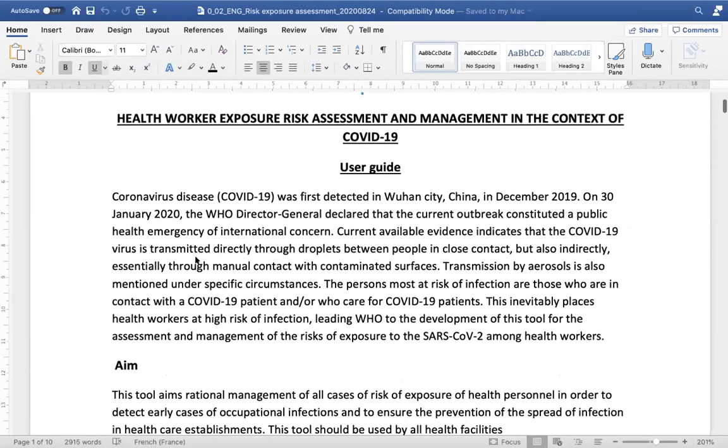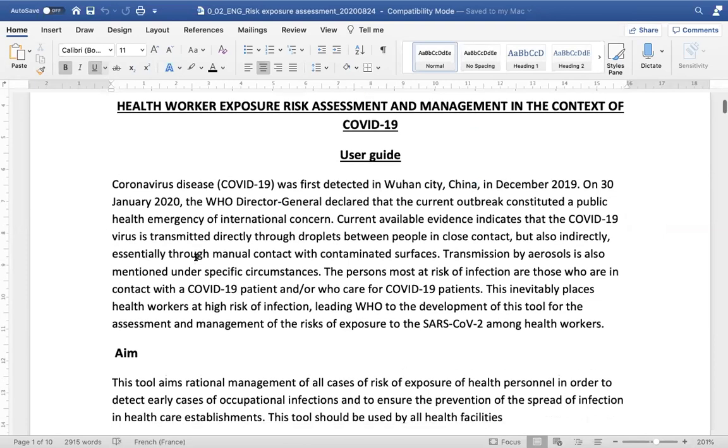Thank you very much. So the health worker exposure risk assessment tool is generally a tool that is used at facility level. And as Ebeth has said, it's used when there is an exposure. So you want to identify what is the risk of exposure. Is it a high risk or a low risk exposure?